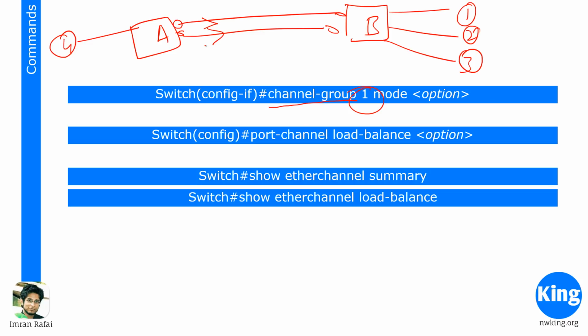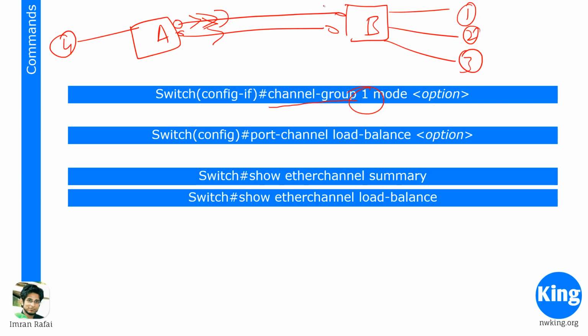In ether channel, load balancing happens in different modes. By default, Cisco switches do source MAC address. So let's say they have a hashing algorithm. After doing the hashing algorithm, it decides one of the ports. So let's say, for instance, from PC4 the source MAC address goes through the hashing algorithm, and let's say it decides that all traffic from PC4 would go on this link.